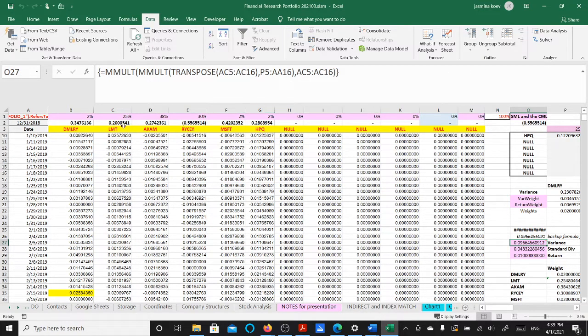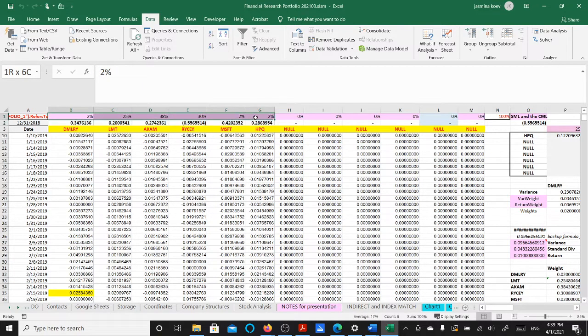So here's Solver. I am activating it so that it will give me the optimal portfolio mixes, the optimal investment in each one of these ticker symbols, each one of these stocks, that will give me a return of 1%.